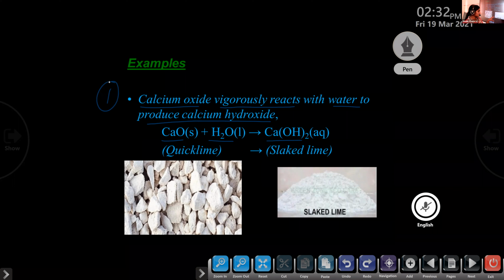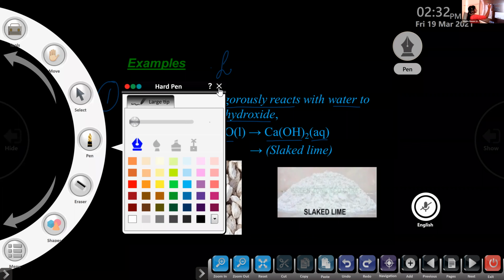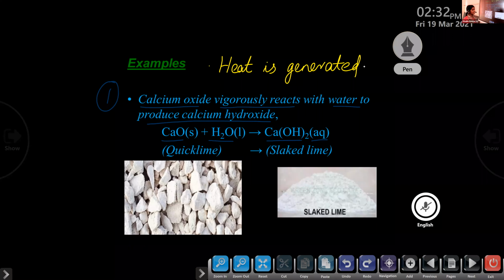Calcium hydroxide is the white substance dissolved in water, that's why we write aqueous, AQ. You have to note one more point. Heat is also generated during this reaction. That's why we can feel hot when we touch the bottom of the beaker. Is this clear? Yes, ma'am.